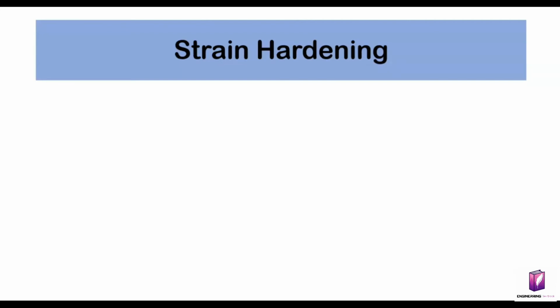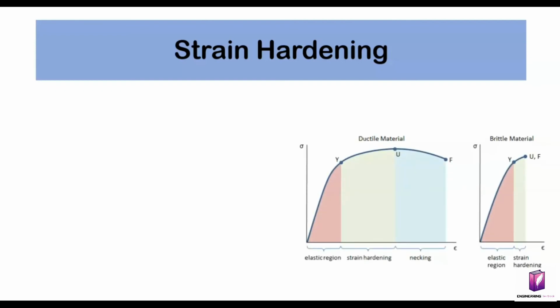Strain hardening. Material experiences a very high rate of plastic deformation after yield point. After ultimate tensile strength, ductile material is able to support load only to a very small extent. Once material yields, strain hardening starts. It increases strength of a material.